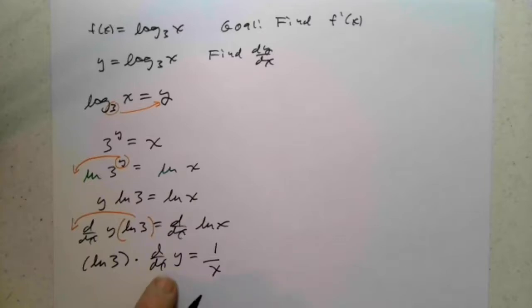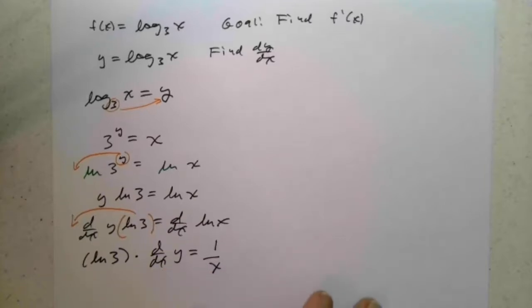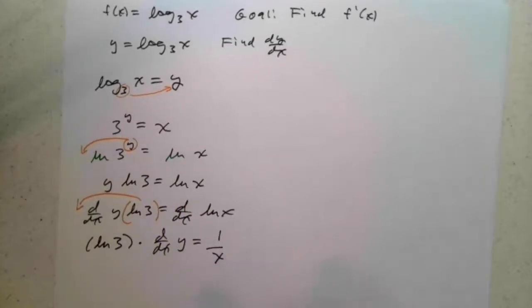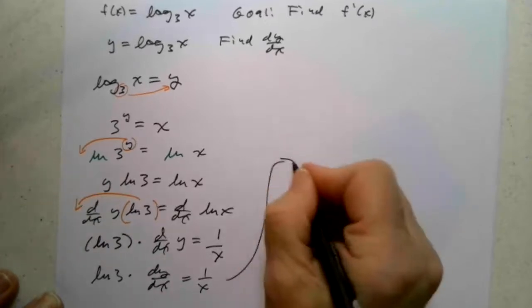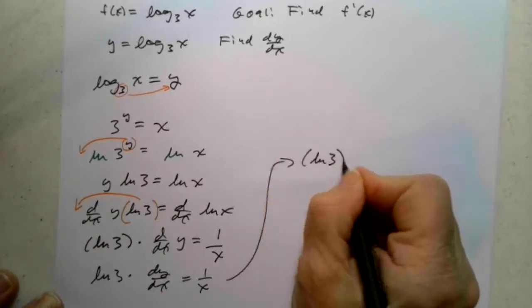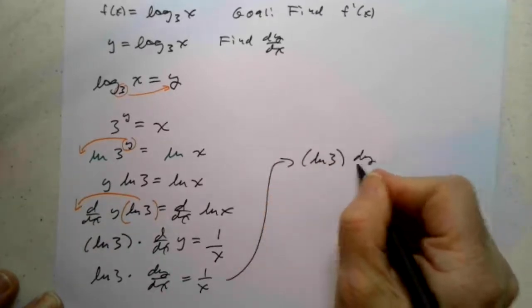Now, what about the derivative with respect to x of y? Well, that's our dy dx. So we'll say natural log 3 times dy dx equals 1 over x. I write it in parentheses just so we're clear on the notation.